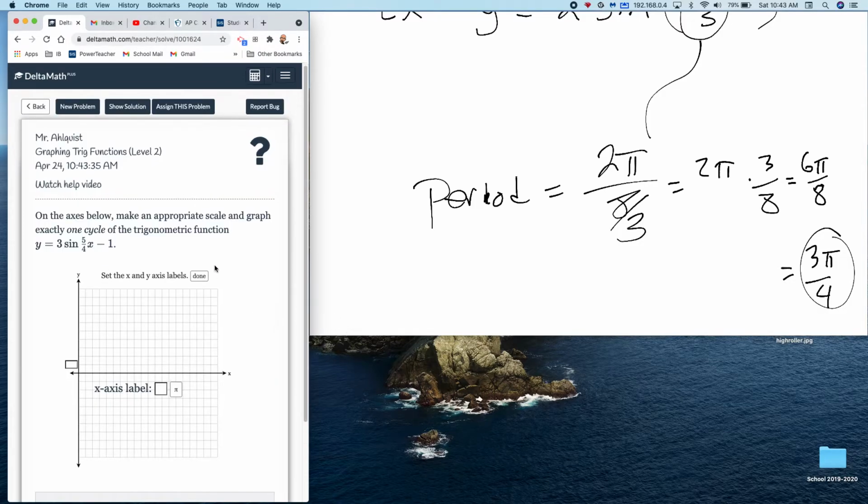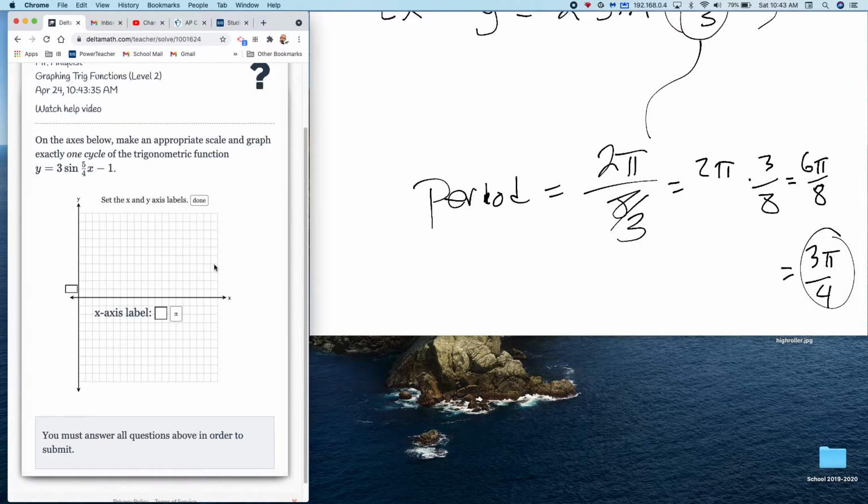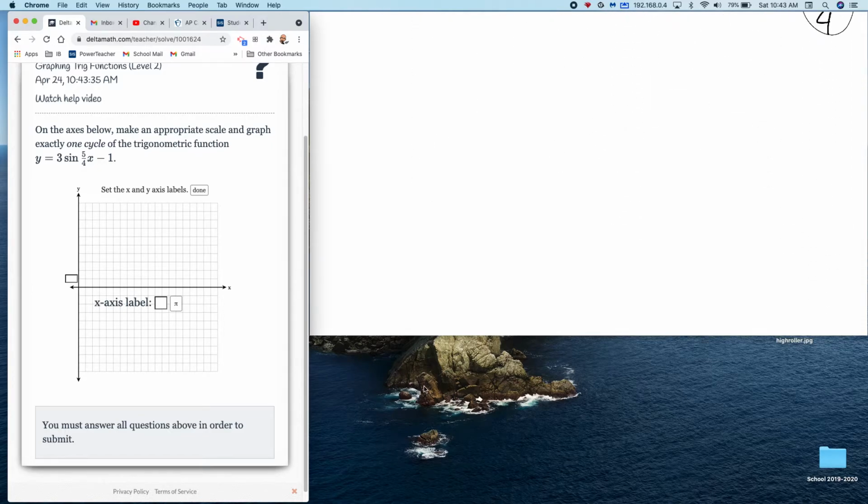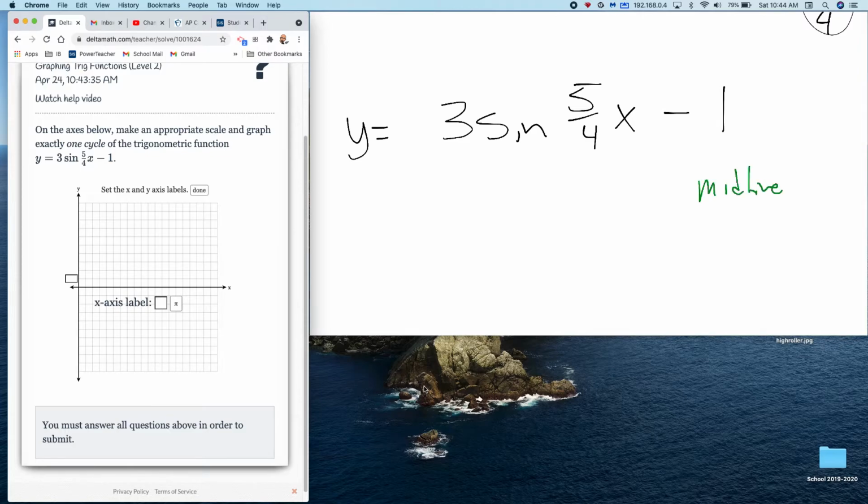The last one is a little tricky, and I'm going to do my best to kind of explain this one, but let's look at this one. So we got this equation, y equals 3 sine 5/4 x minus 1. So if we start to think about the pieces of this, we know that the midline is equal to y equals -1.